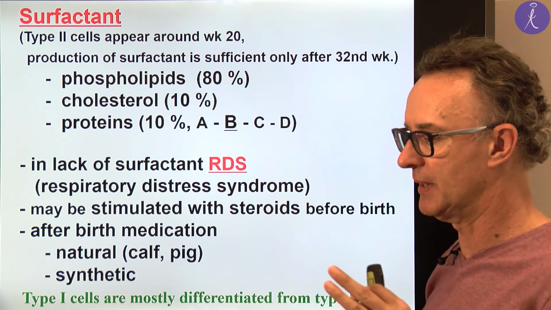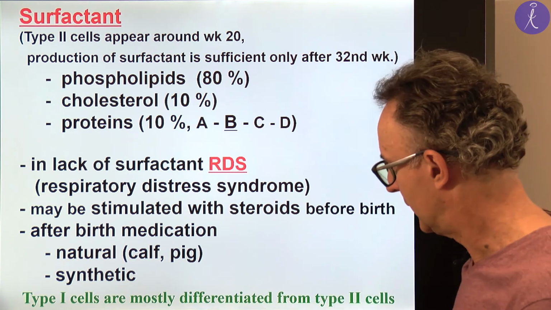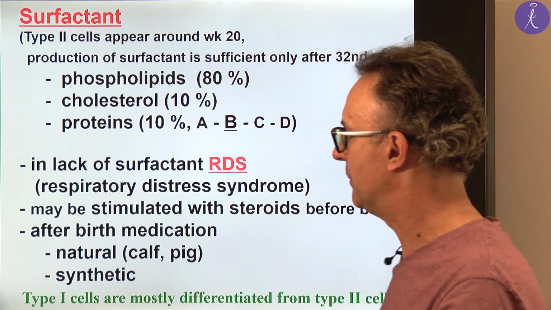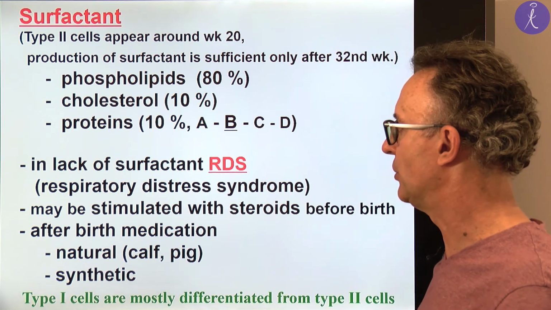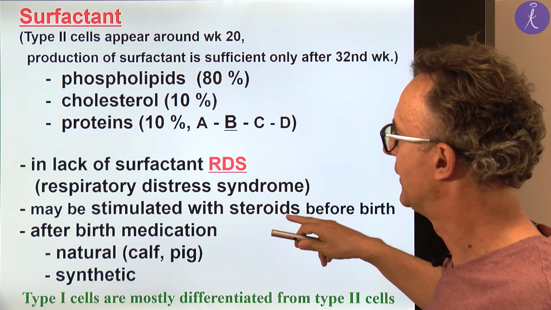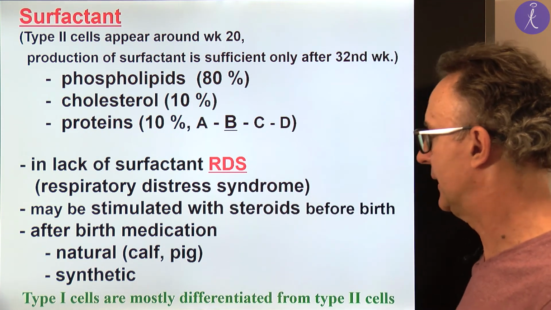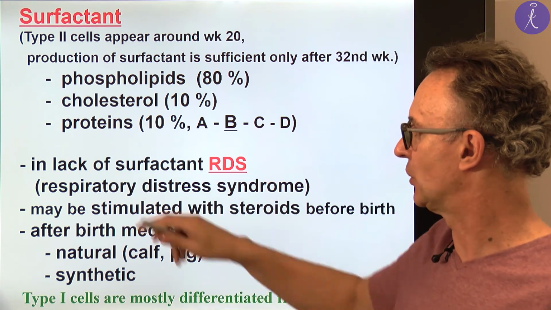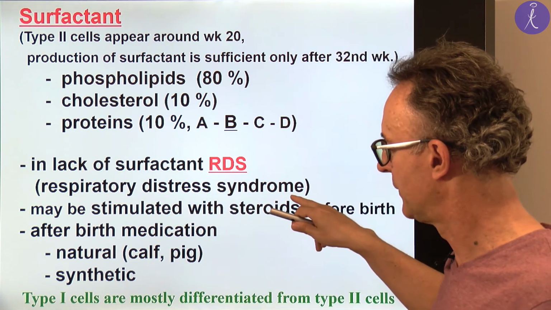So that's why if we have a premature baby, you have to add maybe a special drug to induce the surfactant production. This is stimulated by the steroid, because if we don't have enough surfactant, very serious condition can develop. This is called respiratory distress syndrome.